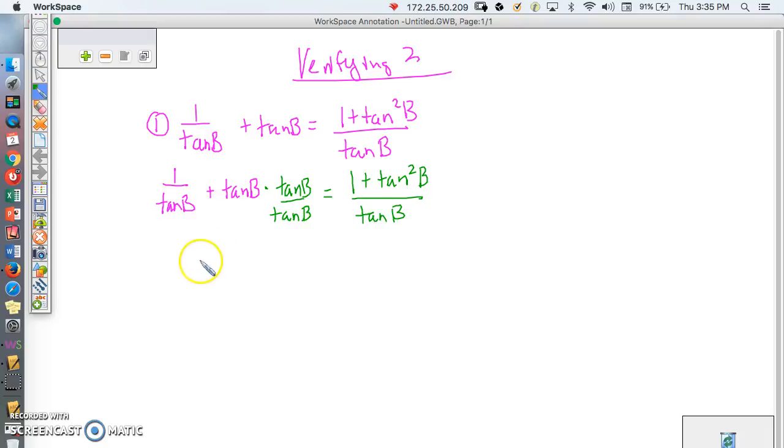And if we do that, now I have a denominator of the tangent of b and a numerator of 1 plus the tan squared of b, 1 plus tan squared of b over the tangent of b.